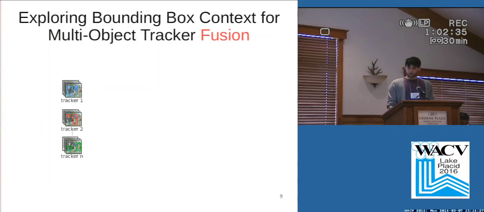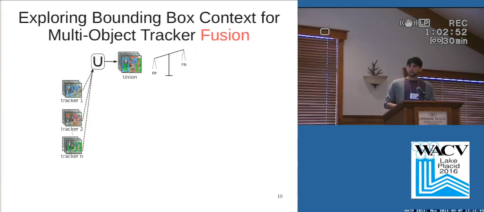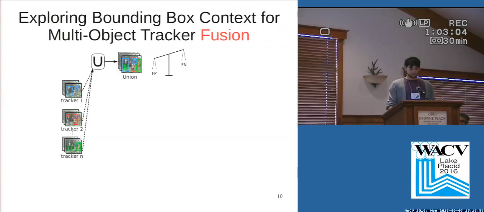By fusion. You have an output of n trackers in this case, and a naive approach would be, okay, we take all the boxes that we have and perform a union on it. The good thing here is we fill up all the gaps and get way fewer false negatives. The problem is all the errors, all the false positive bounding boxes, they add up, and in total we increase more false positives than we decrease the false negatives.